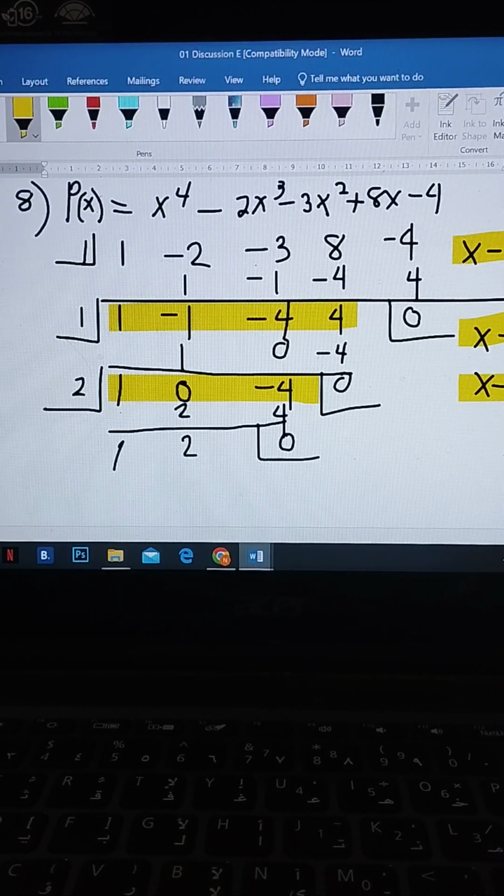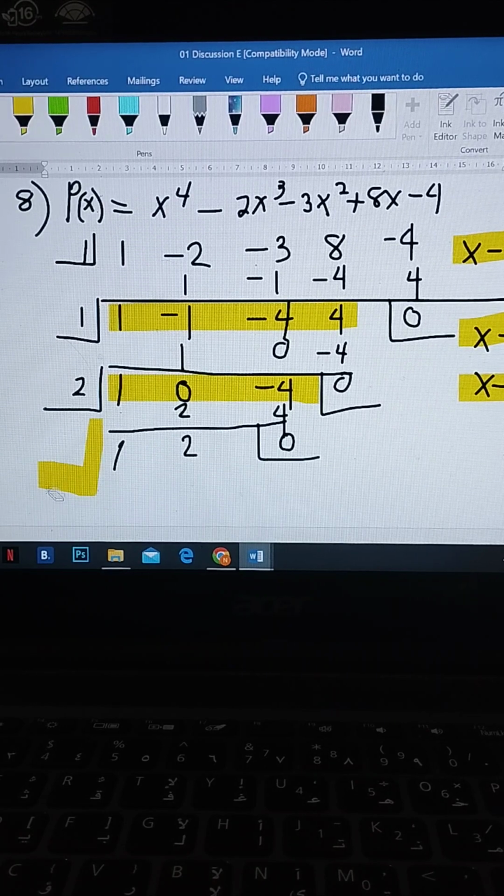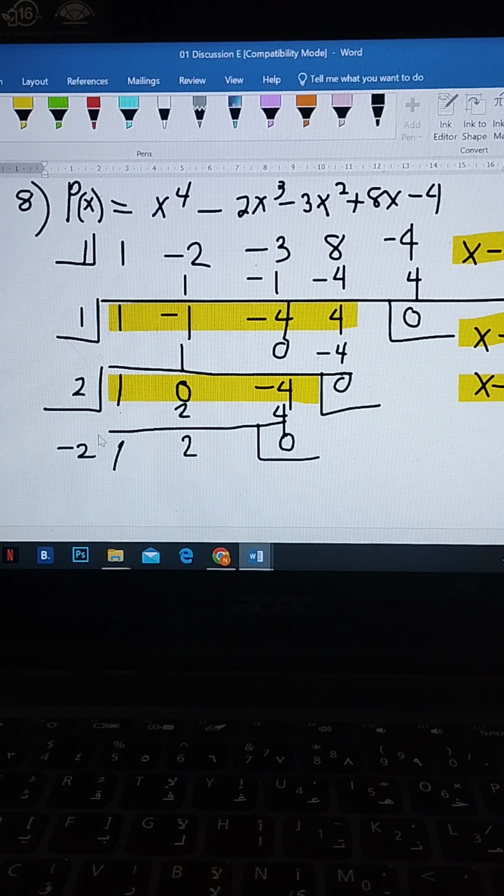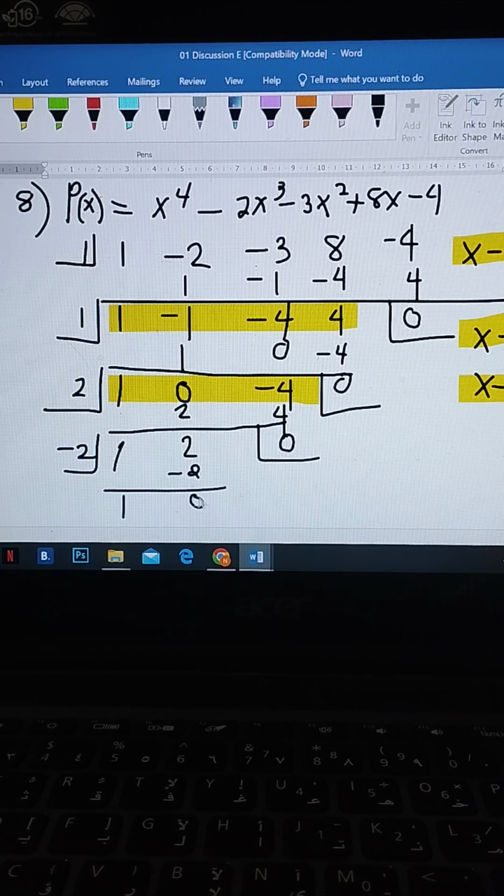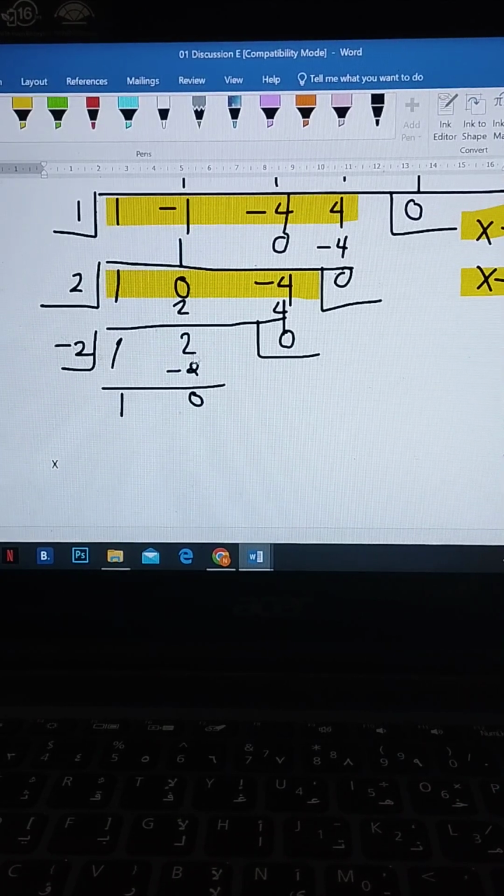Okay, next is just get the opposite of positive 2, that is equal to negative 2. So negative 2, that is equal to 1, negative 2, and then 0. Therefore, this one is x plus 2.